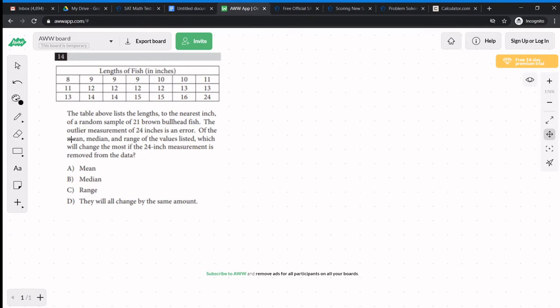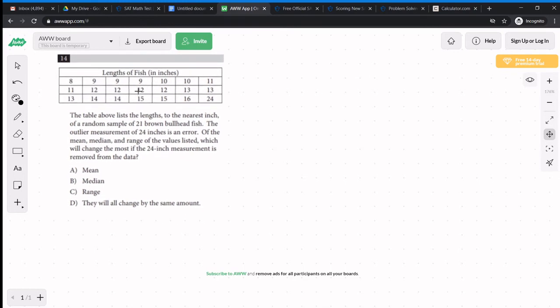So the mean, right, will change a little bit. The median, which right now is just this 12 right here, will go from being this middle number to the average of these two 12s, which is still going to be 12.